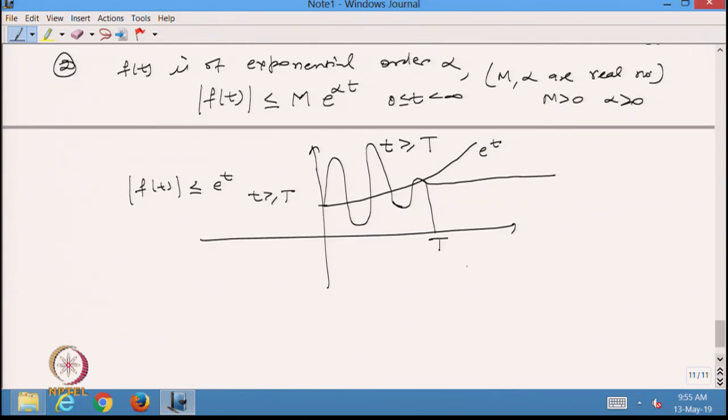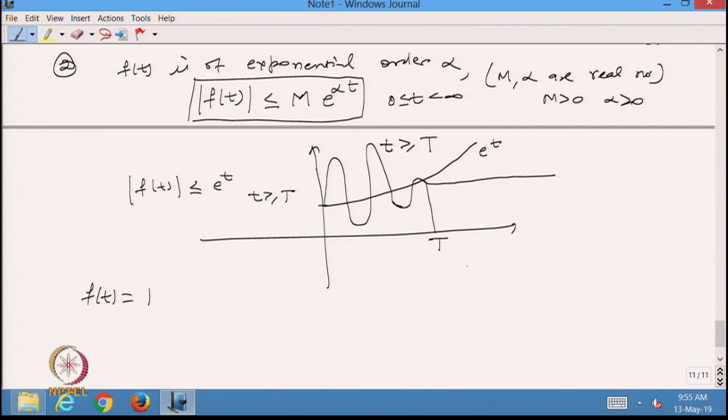So, what is the meaning of this? It means that whatever function I have, if I take the modulus value of that function, it is always less than or equal to some number m e raised to power alpha t, where e raised to power alpha t is an exponential function. So, my function should lie below this exponential function. Suppose I take my f t equal to 1.